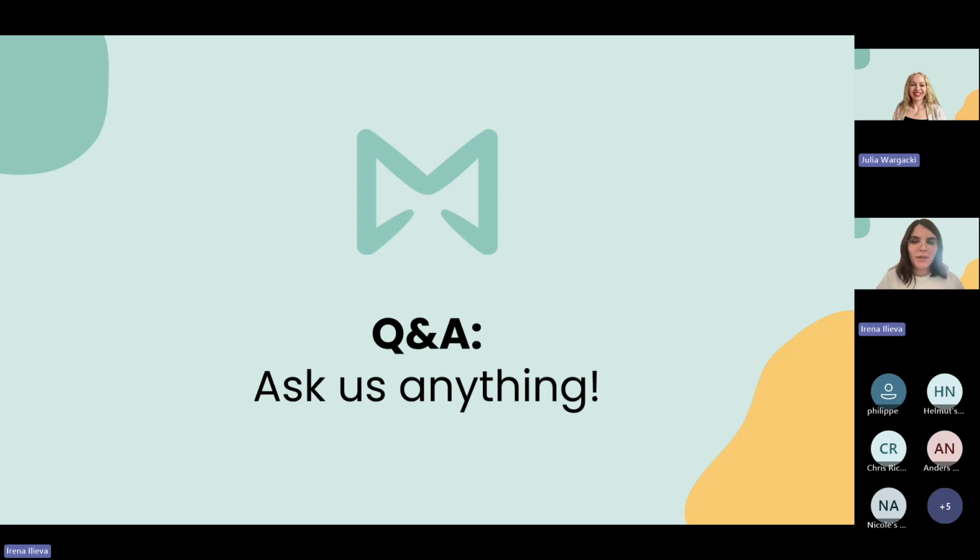The second question: how quickly do you normally resolve issues in your software? I think by issues in your software, you mean that there might be some bugs when using Mailbutler. Of course, when you're using software, it's possible that there are some bugs. If you notice anything that doesn't seem to be working as it should, you can contact us anytime at support@mailbutler.io. And then we would look into your issue.